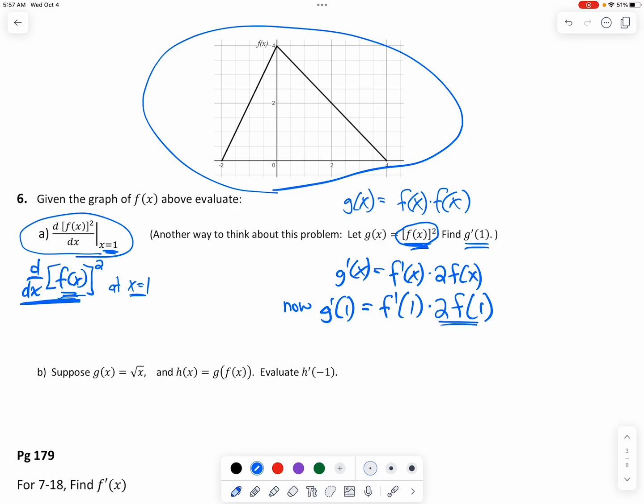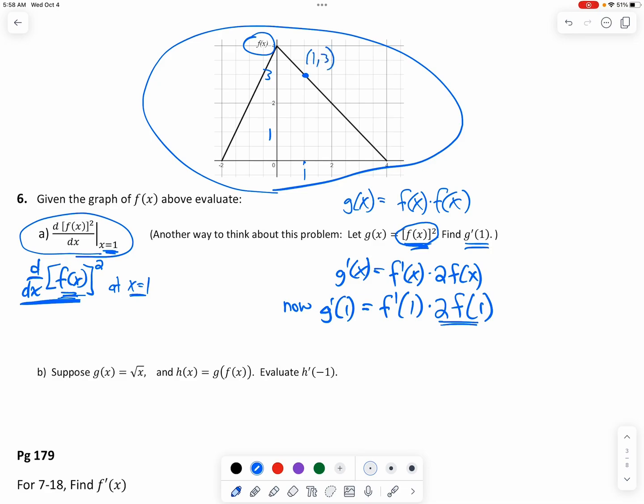Let's do the easiest one first. 2 times f of 1, that means this is the f function. And so what is f of 1? My eyes go to where 1 is, and I go up to see what that dot is, and it looks like these increments are, every big square is 2, so that's 1 comma 3.